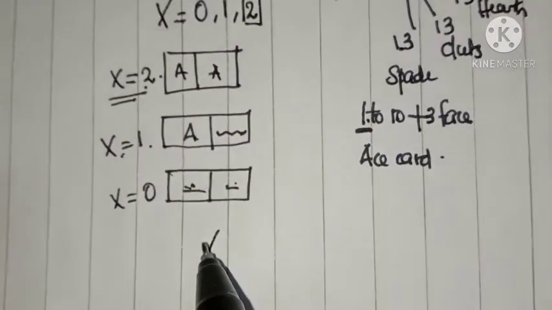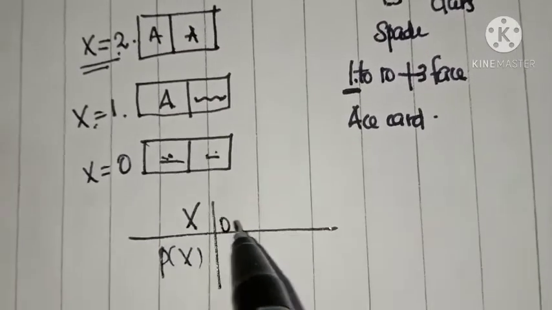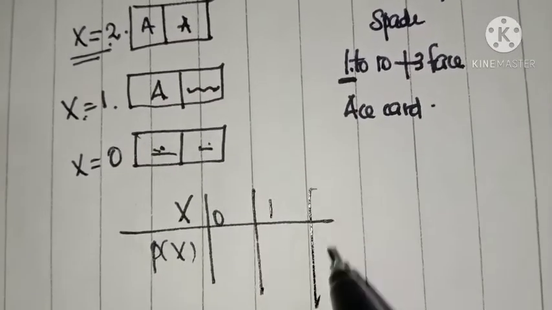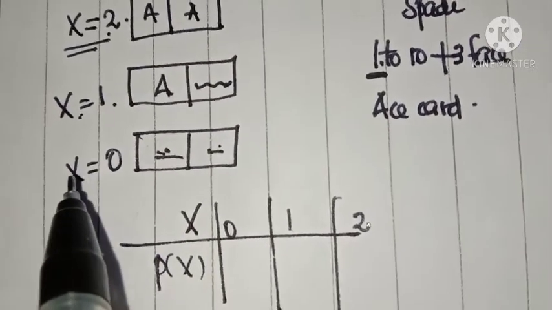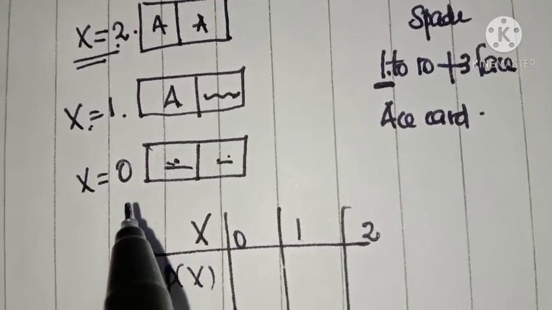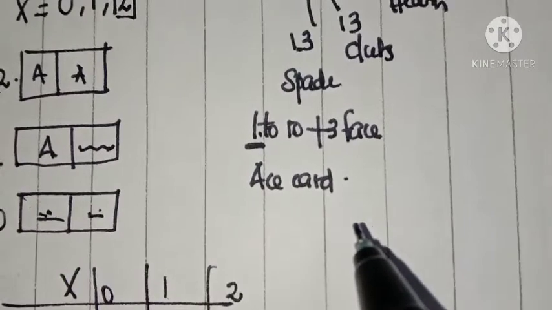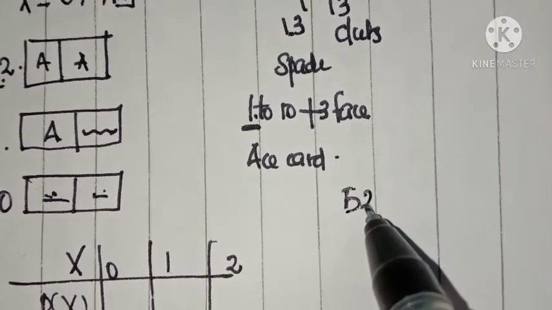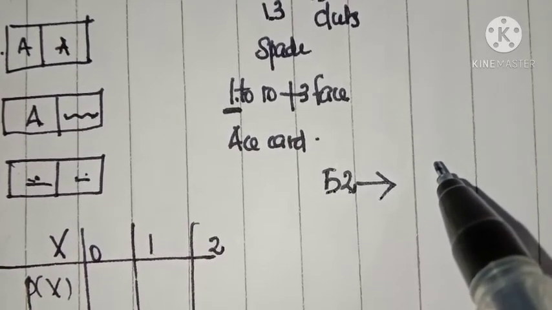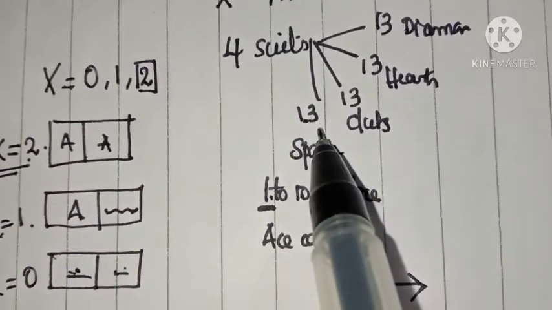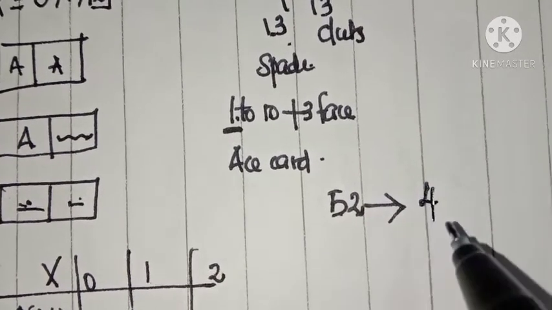Now we need to find their probability function: X equal to 0, X equal to 1, X equal to 2. When X equals 0, it means not drawing an ace card. Out of these 52 cards, in each suit there is 1 ace card, so in total we have 4 ace cards.